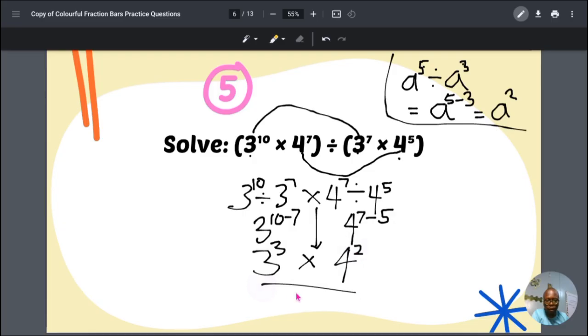So here is your final answer. You might decide to multiply it out. So 3 times 3 times 3, that's 27, and then 4 raised to power 2 is 4 times 4, that's 16. So you multiply 27 by 16 to get your answer. But you can also leave your answer in indices form, like this, index form, in this way.